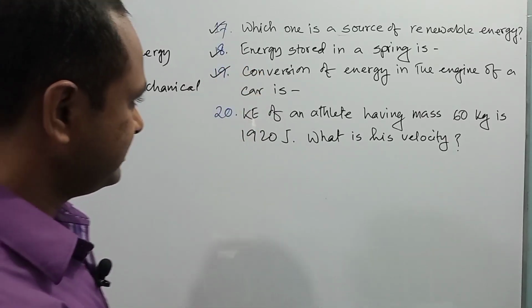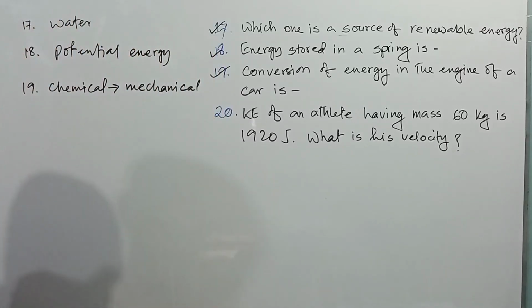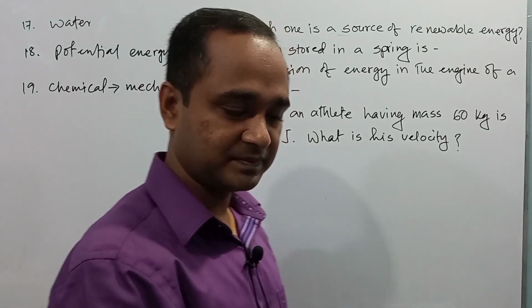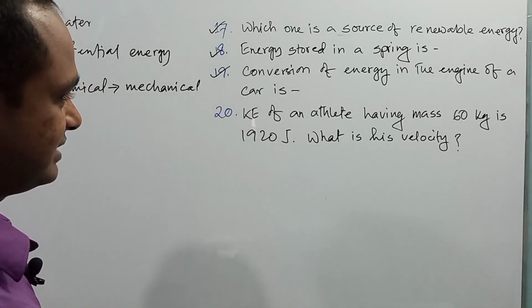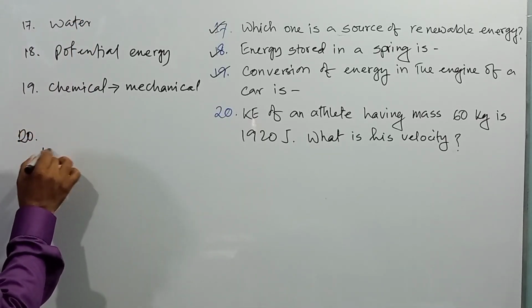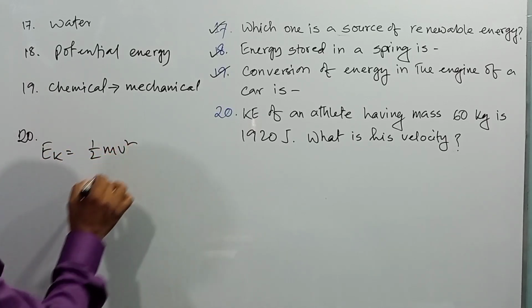Finally, they said that the kinetic energy of an athlete having mass 60 kg is 1920 joule. What is his velocity? The relation between velocity, mass and kinetic energy is Ek is equal to half mv square.